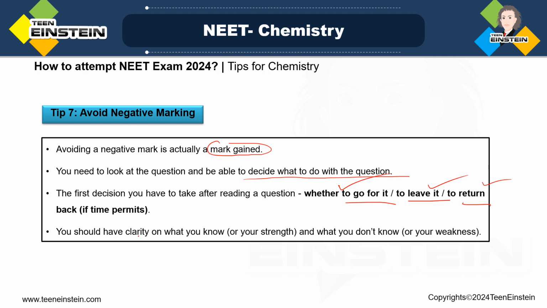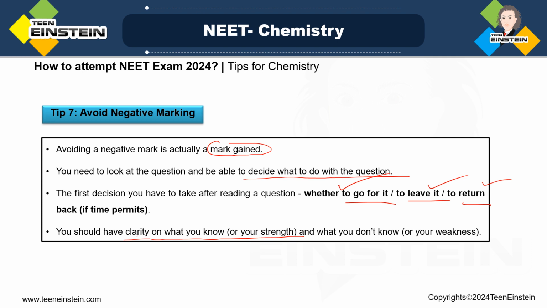To decide it properly, you should have clarity on what you know, what is your strength, which chapters are your strength, and what you do not know, that also you should have clarity. Don't think of it as your weakness. Everyone has some chapters with which they are weak, that is completely normal.